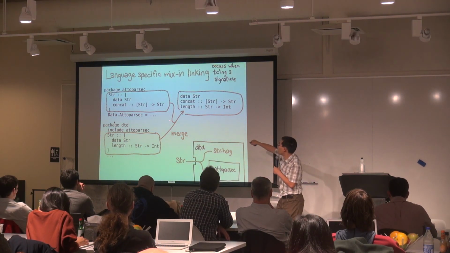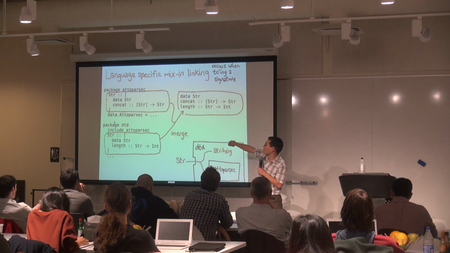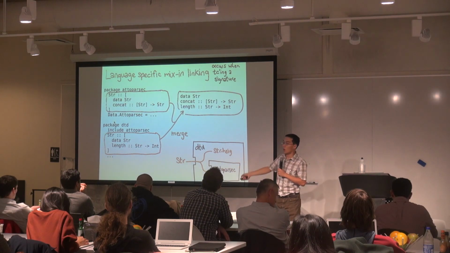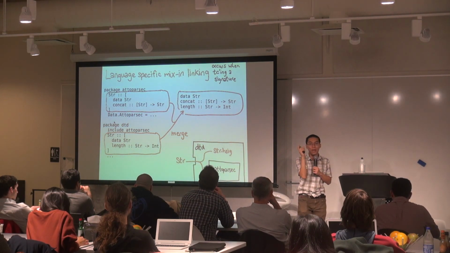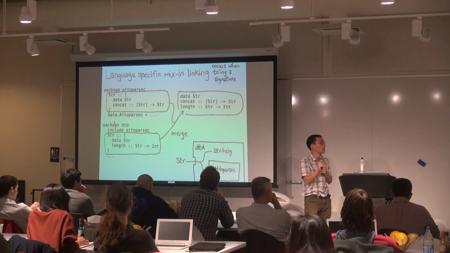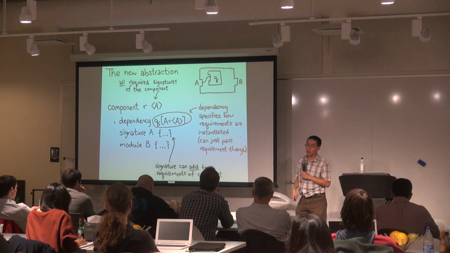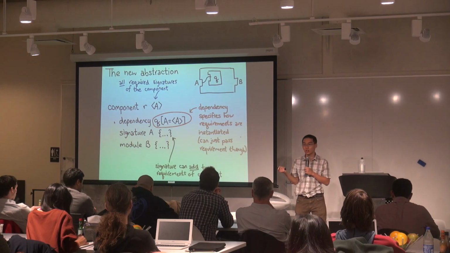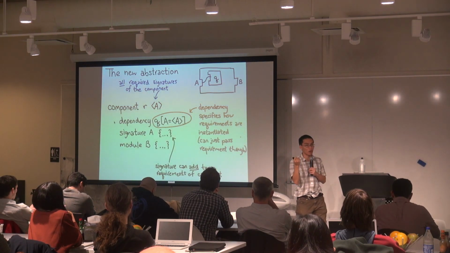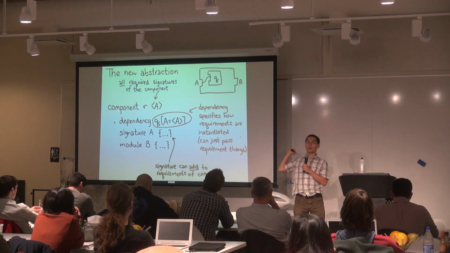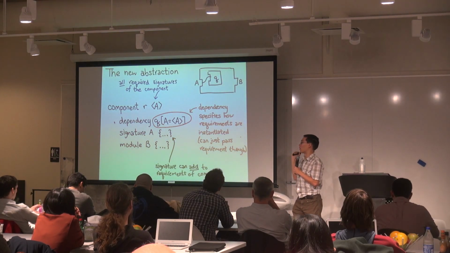For example, if I have a package which defines a signature and another package which defines a different signature, and I want to put them together, the compiler can look at the dependency flags passed to it and determine how the merge should go. So we end up with the abstraction that I showed you, which you could program with explicitly using BKP files. But once again, you shouldn't. Use cabal files, use the implicit version, it's better.